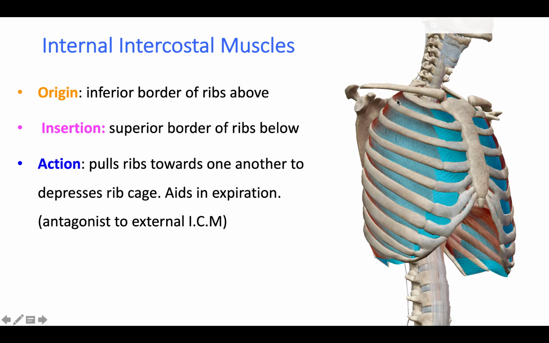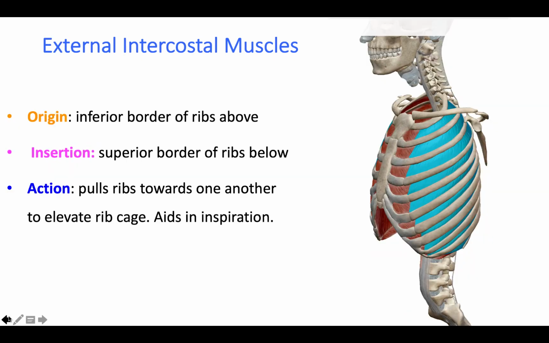Notice how it's thinner and then it goes all the way to the sternum, but it doesn't go all the way around. So that's kind of how I tell the difference between the two. See how thick and big these muscles are, the external ones, and they wrap all the way around to the vertebral column, and they do not touch the sternum.